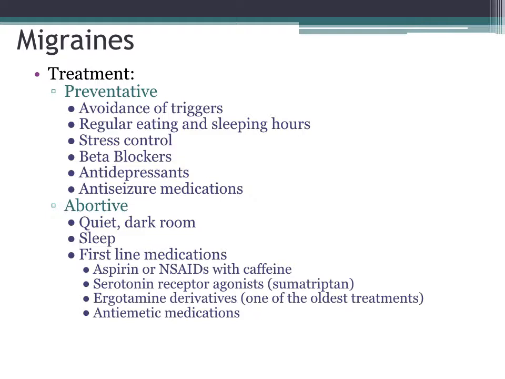Sumatriptan, which is a serotonin receptor antagonist, works for some people. And ergotamine derivatives, this is one of the older treatments for migraines, but tends to work with some people really well. Antiemetic medications also are helpful because, again, if the pain gets bad enough, people tend to get nauseated and throw up. So, taking these medications that help you not to throw up can be helpful.